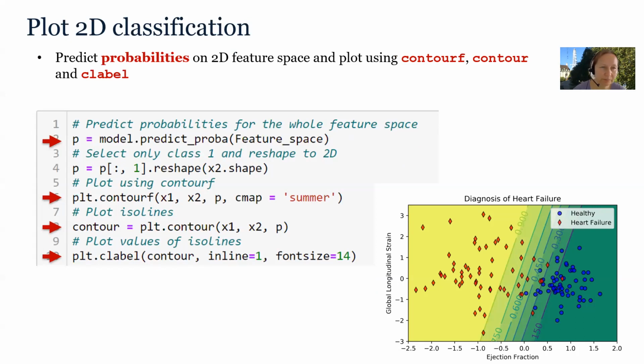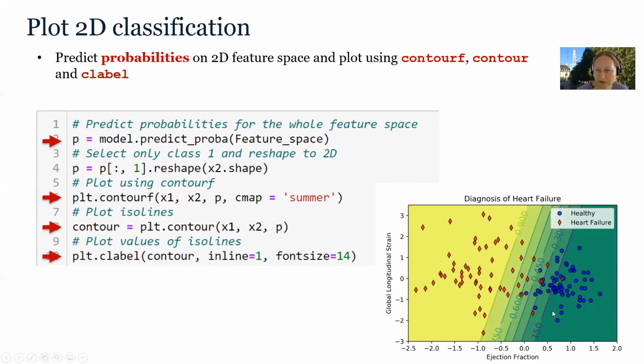We can similarly plot probabilities as well. We'll predict them on the feature space using predict_proba. This function will return probabilities for all the classes, so we will select class 1 in this case and reshape it to the image. Then we can plot using contourf as before.